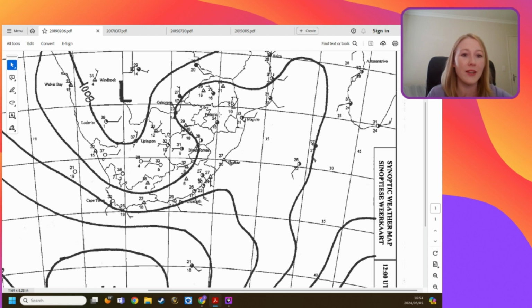So it has to be larger than 1012 and smaller than 1016. I would accept 1013 to 1015 hectopascals. Okay, that is how we would measure pressure from a synoptic weather map.